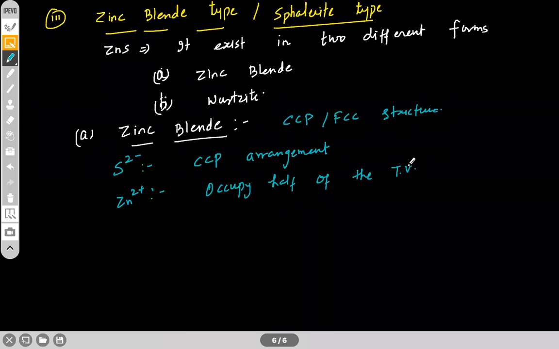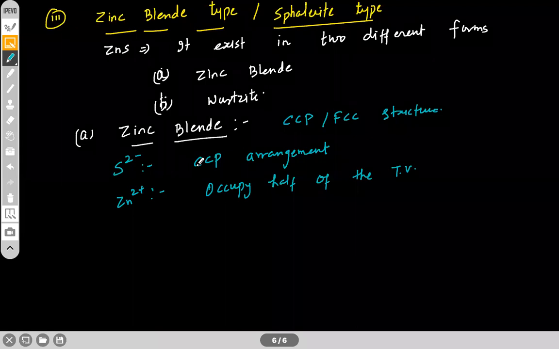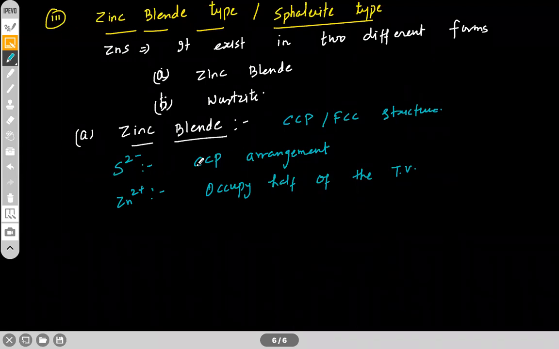The total tetrahedral voids we have is 8, because in CCP the effective number of atoms is 4, and each atom has 2 tetrahedral voids, one on each body diagonal. So 4 atoms will have 8 tetrahedral voids, and it occupies half of them. It means 4 tetrahedral voids are occupied by Zn2 plus.